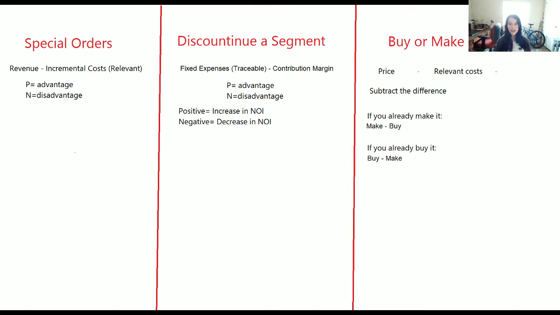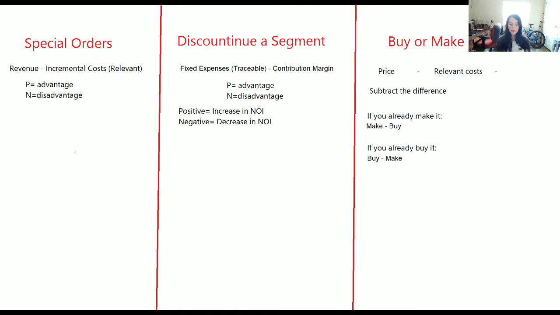For the buy or make decision, we're going to take the price that we'll take to buy this product versus the cost that we'll have to pay to make it. The difference, again, if it's positive, well, in this one, it depends. If we're already making the product, we're going to take the make cost minus the buying price.